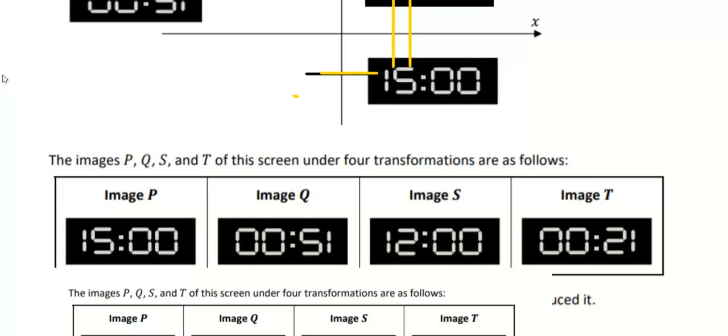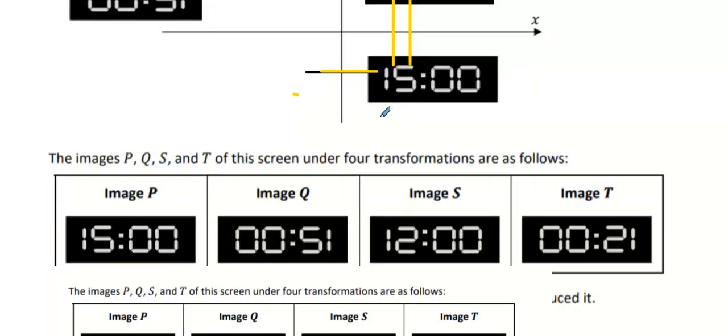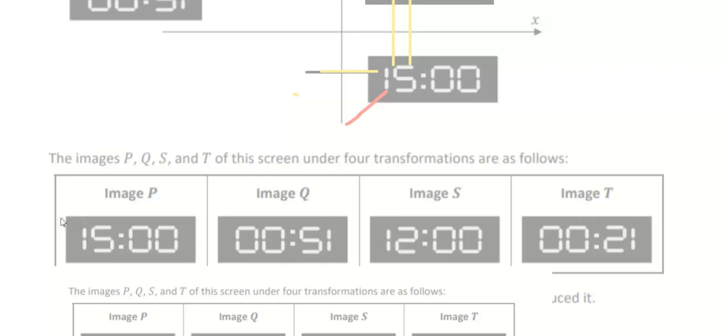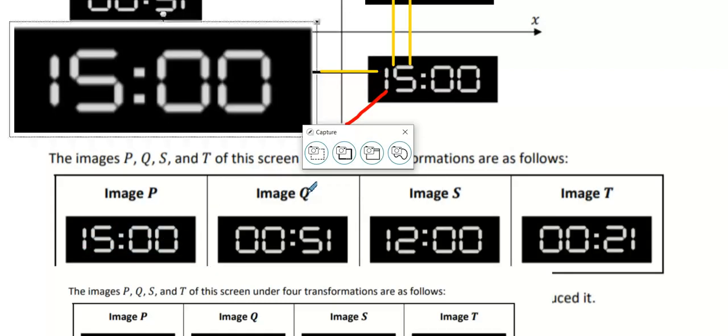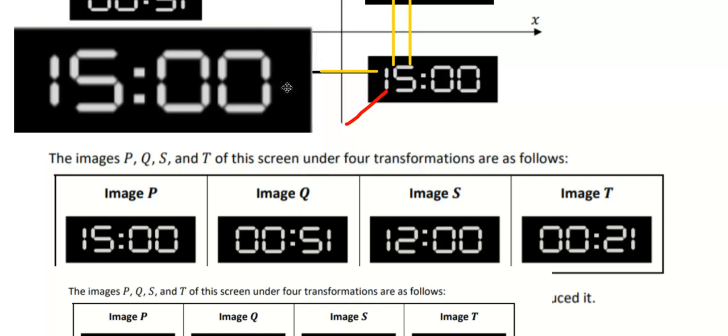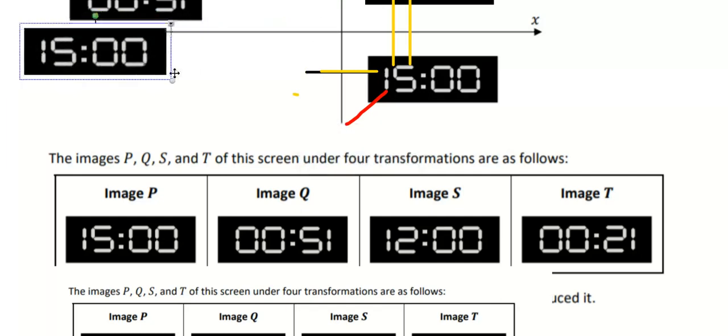Now image P is unchanged. So image P has to be a translation. Translation is where you move one point, you move them all the same distance. So I'll give an example of what that looks like. Okay, so that would be an enlargement, not a translation.